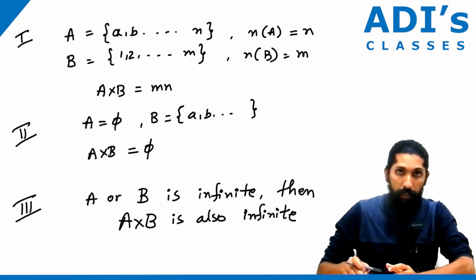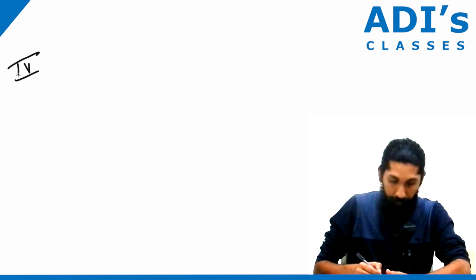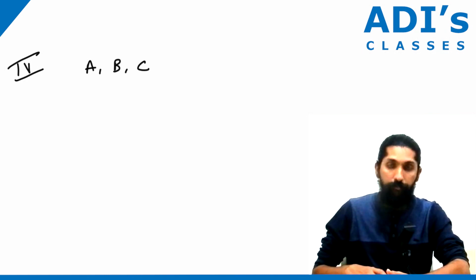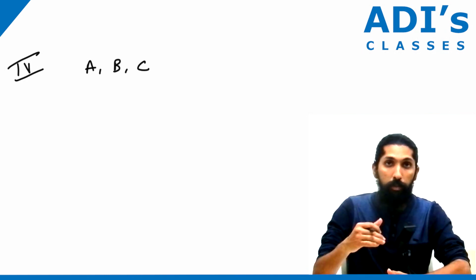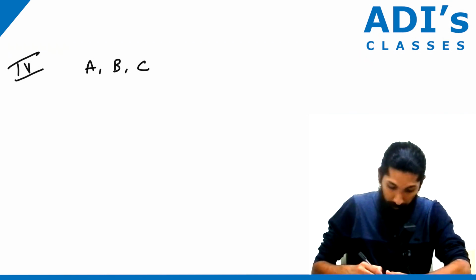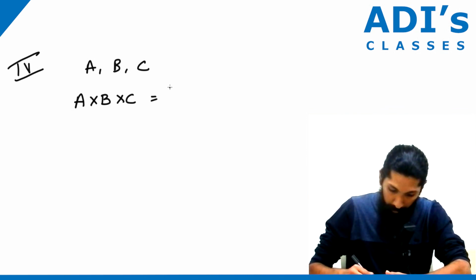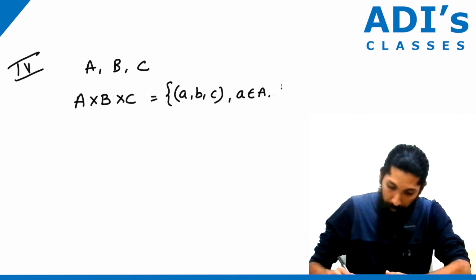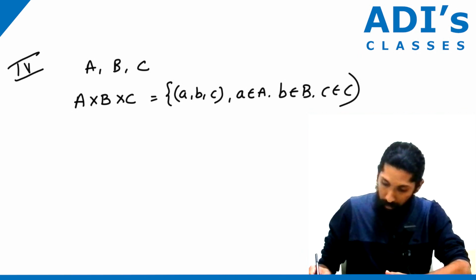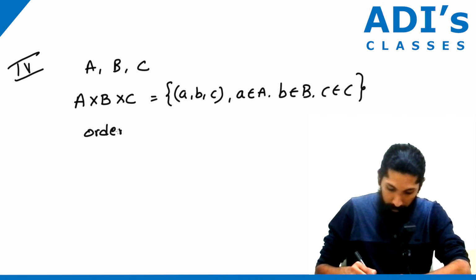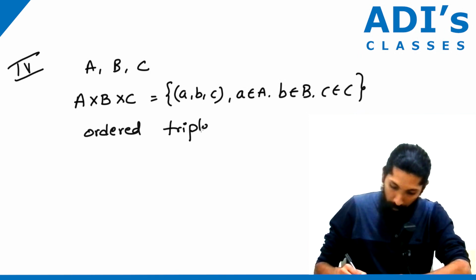Now the fourth property. Suppose you have three sets, A, B and C. Now with A, B, C, suppose we take the ordered product, that means we are doing A cross B cross C. Then this is going to become (a, b, c), where a belongs to A, b belongs to B and c belongs to C. This is what we call an ordered triplet.